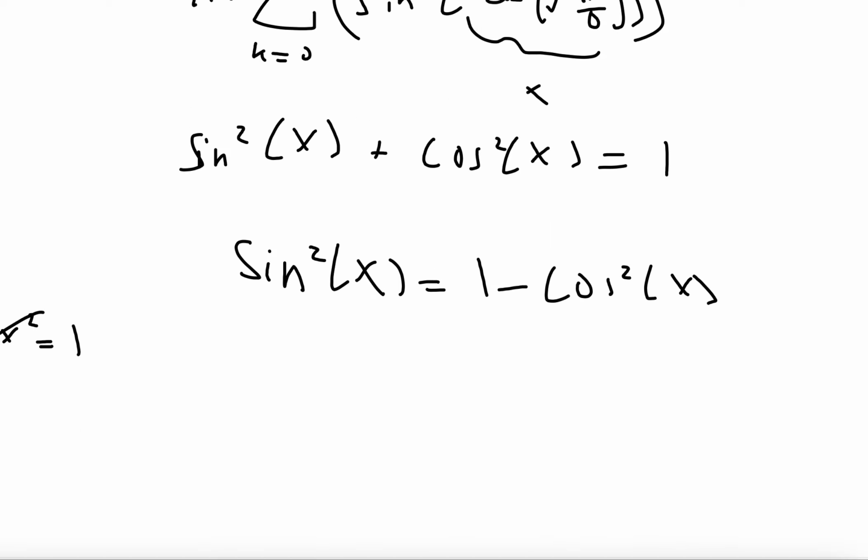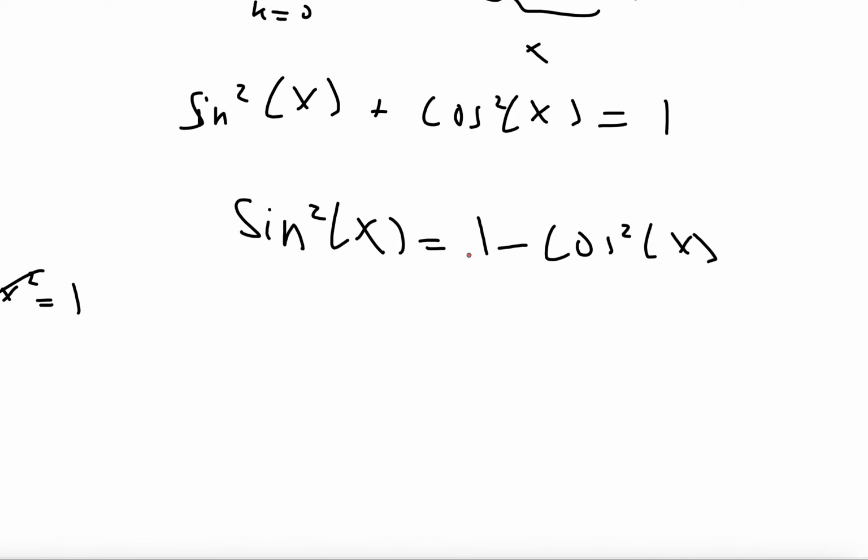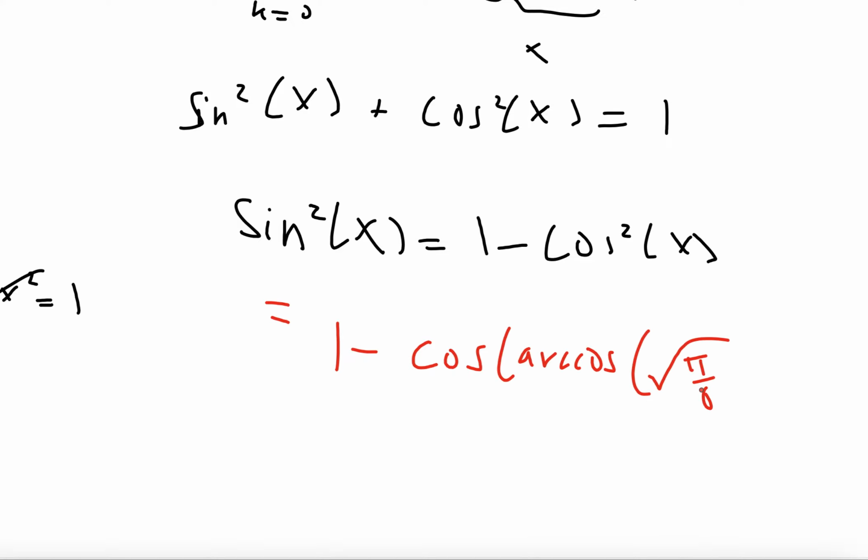And what is x? Well, in this case, x is arc cosine of root pi over 6, which means that this is equal to 1 minus cosine of arc cosine of root pi over 6, all of this together, squared.